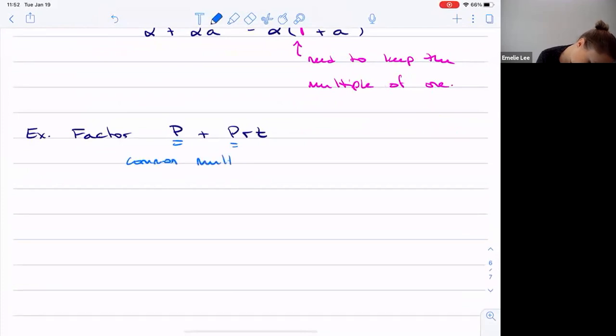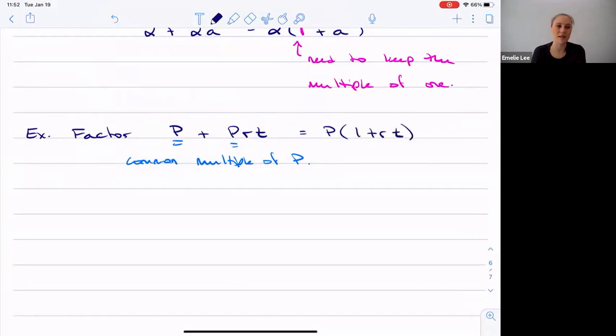So this becomes P times 1 plus RT. You always want to make sure that you can expand it back to the original. You can just check: P times 1 is P, good, plus P times RT, which is exactly what we have. Good.